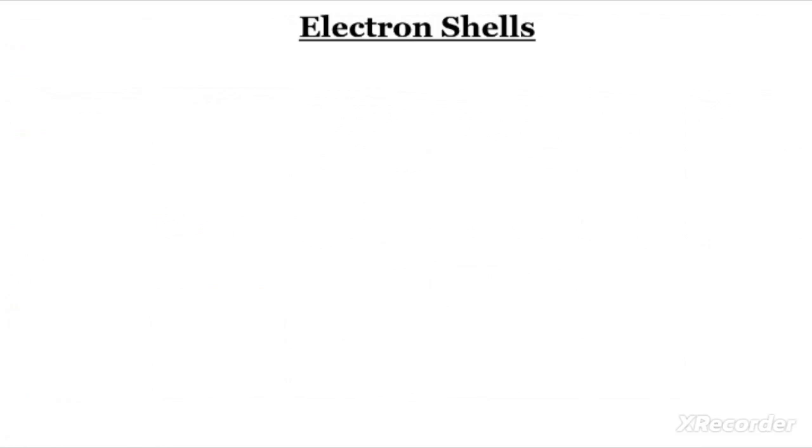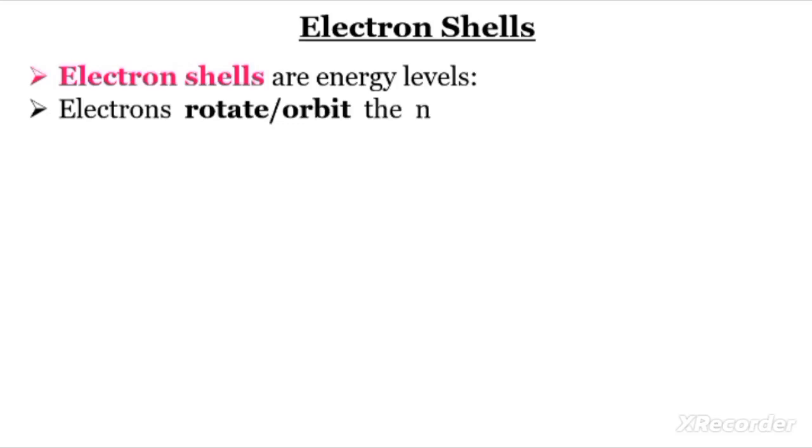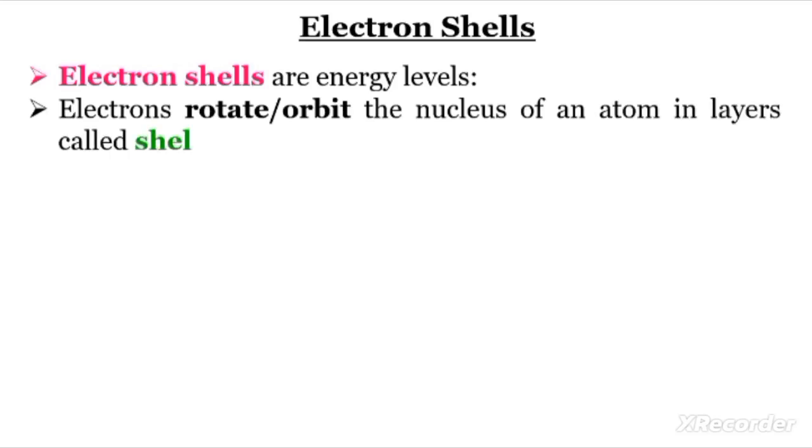So let us describe electron shells. So what are electron shells? Electron shells are energy levels. So electrons rotate or orbit the nucleus of an atom in layers called shells.